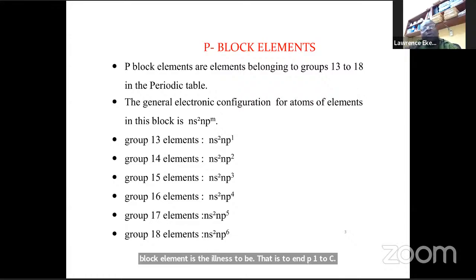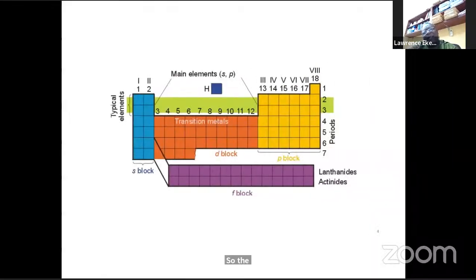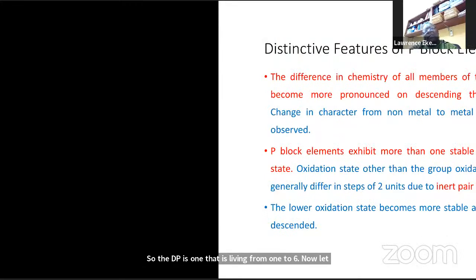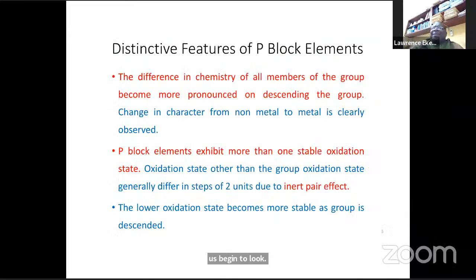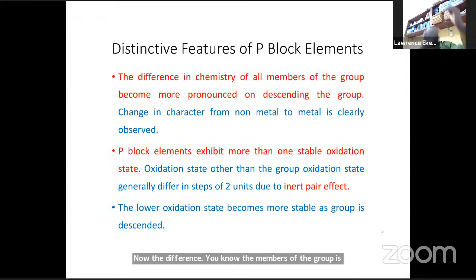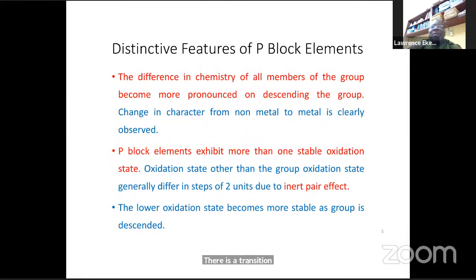Now, let us begin to look critically at the characteristics, the distinctive features, what makes the P block elements very peculiar. The difference in all the members of the group is really pronounced when you move from the top to the bottom. There is a transition from the non-metals to the metals.